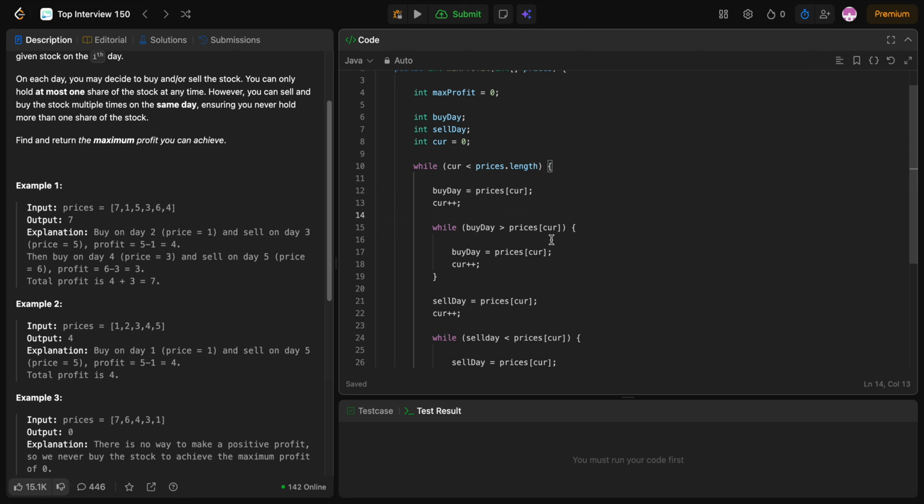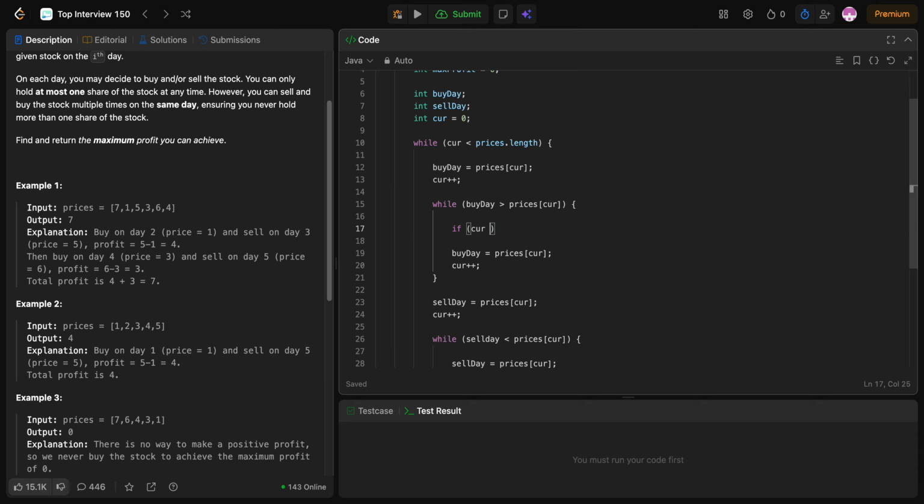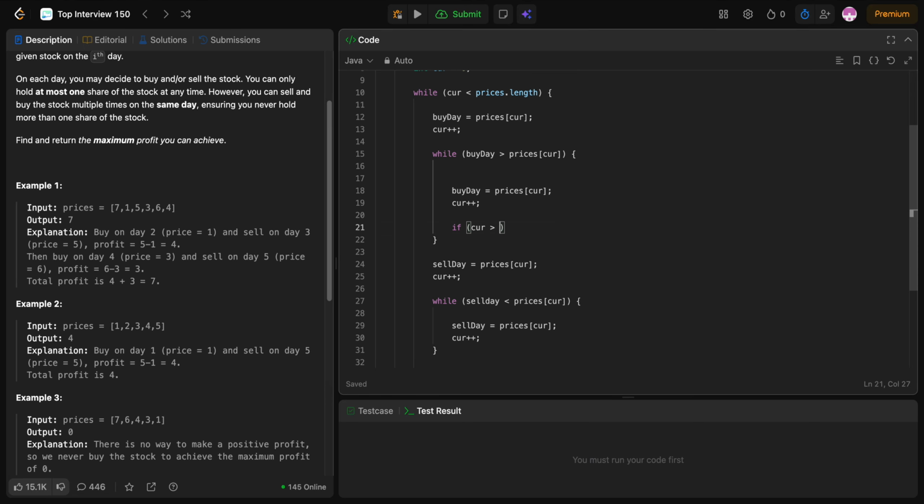And then let's just put in here, if car is greater or equal to prices dot length, or we can just say car is equal to prices dot length, meaning it's too big now, then we can return max profit, and then same here.